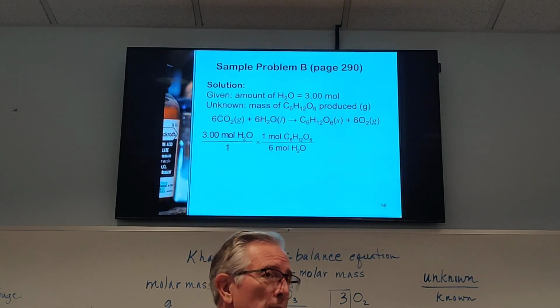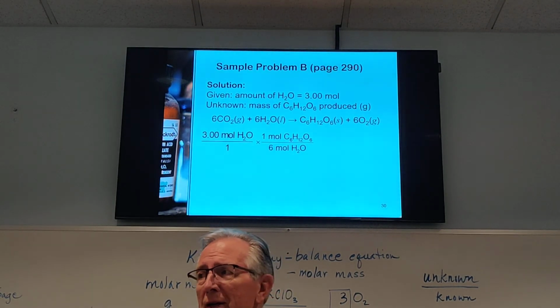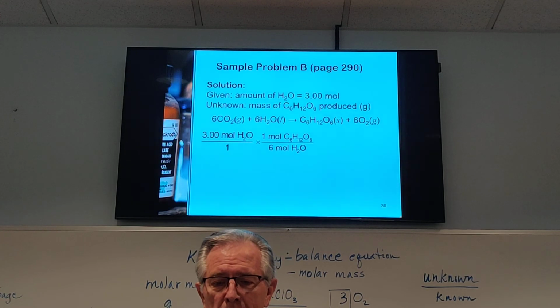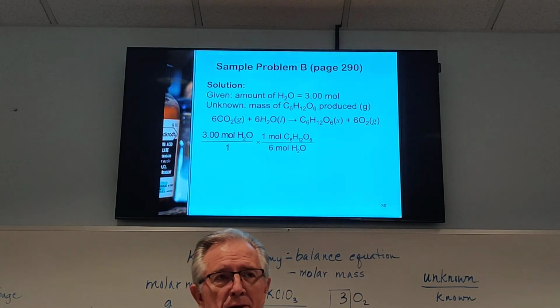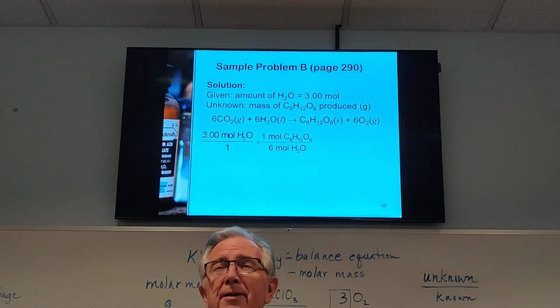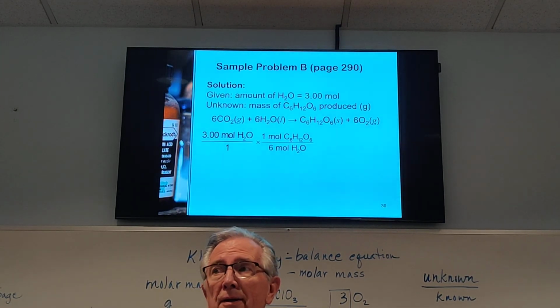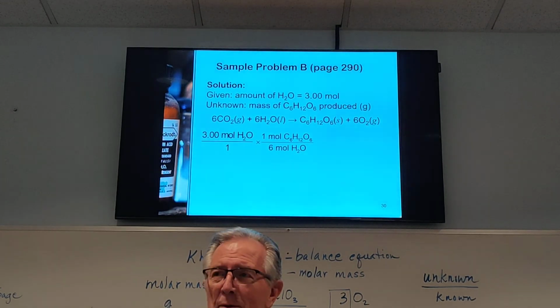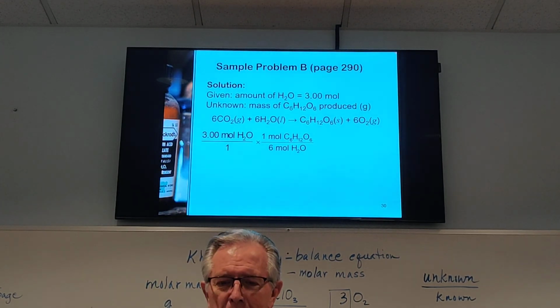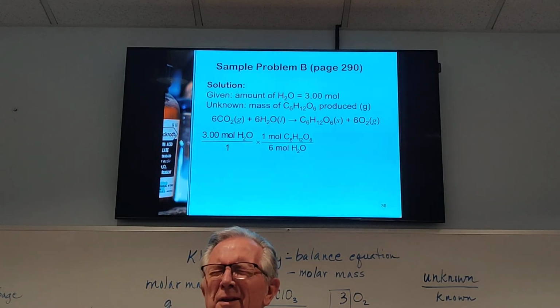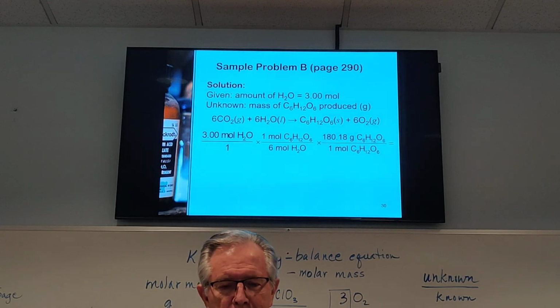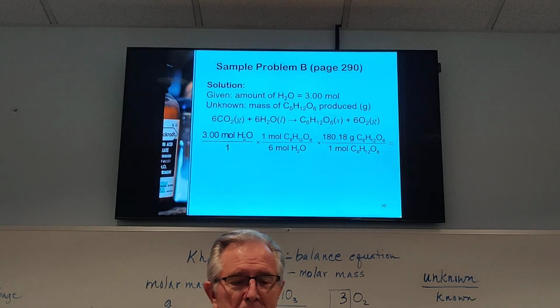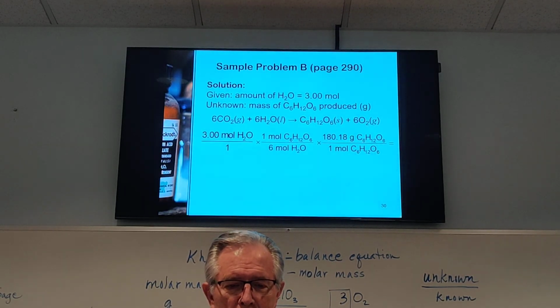Each hydrogen's about 1, so 12 more, and 72 and 12 is 84. And 6 oxygens, each one's 16, so 16 times 6 is 96. So 84 plus 96 gives the actual answer, 180.18 grams of glucose.